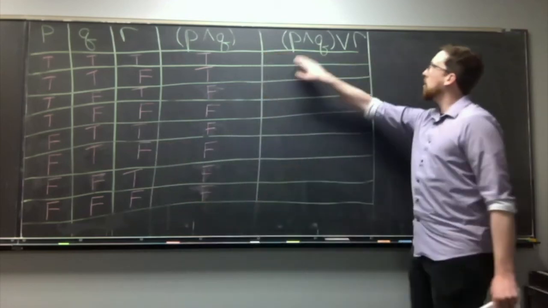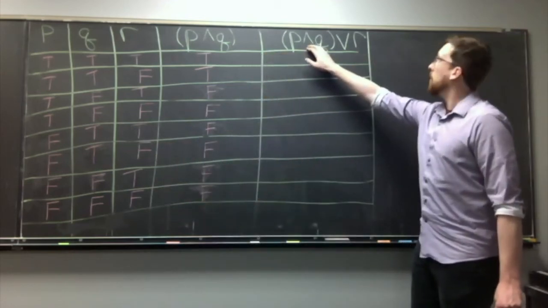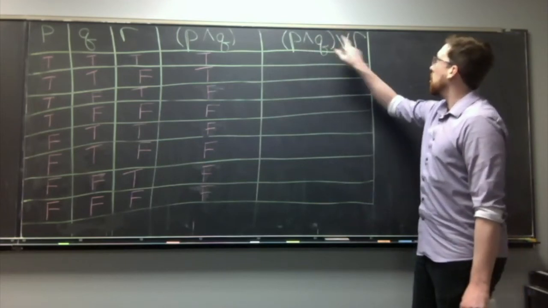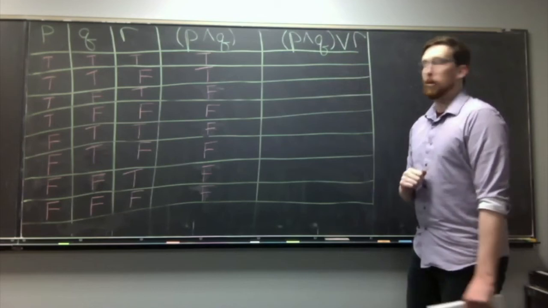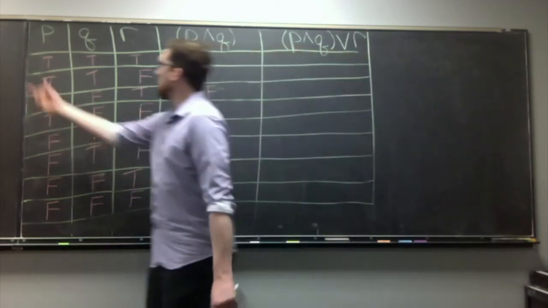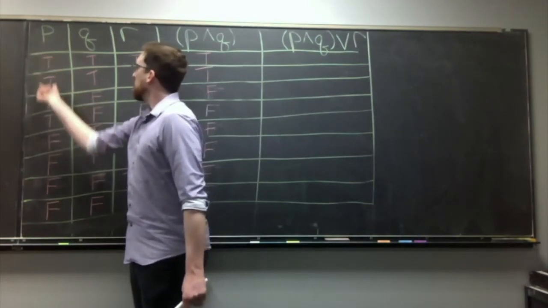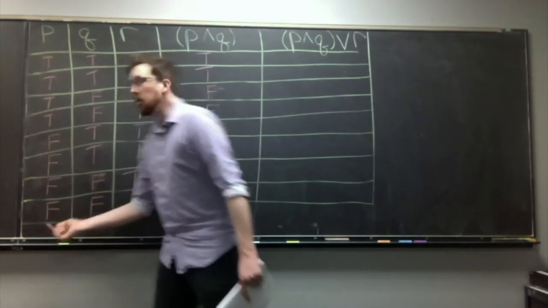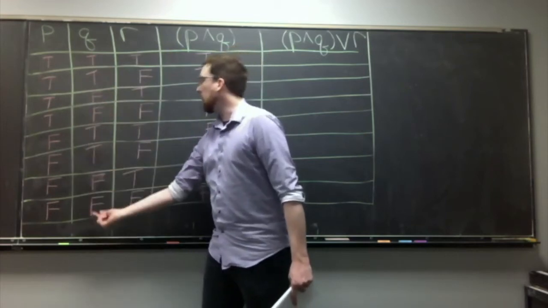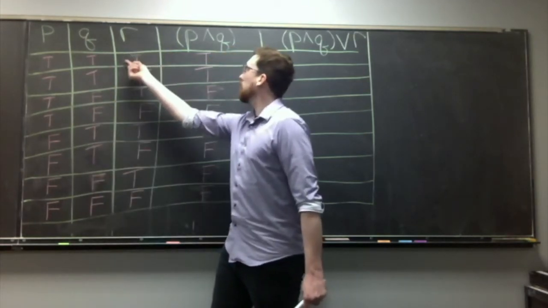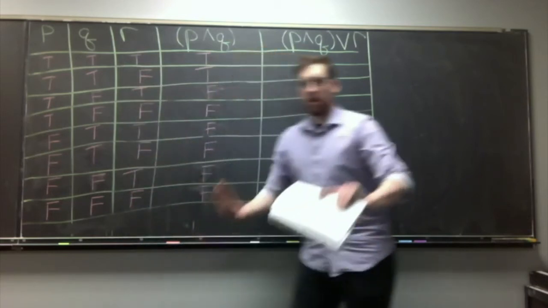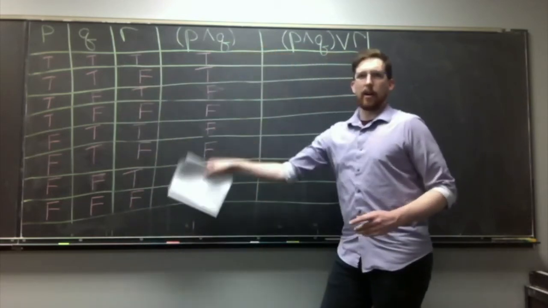Given that, what is going to be the truth value of the statement P and Q or R? Well, looking at this, you start off by saying P can be true, true, true, true, false, false, false, false. Q could be true, true, false, false, true, true, false, false. And R could be true, false, true, false, true, false, true, false. Again, I'll explain how I got to that combination in a minute.